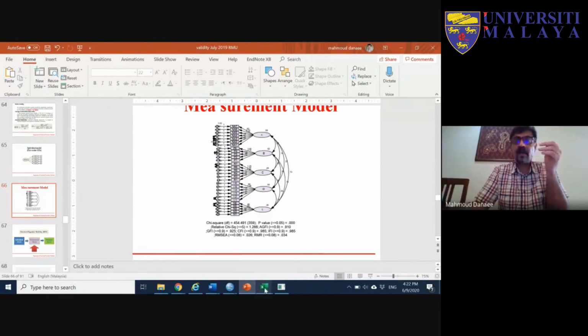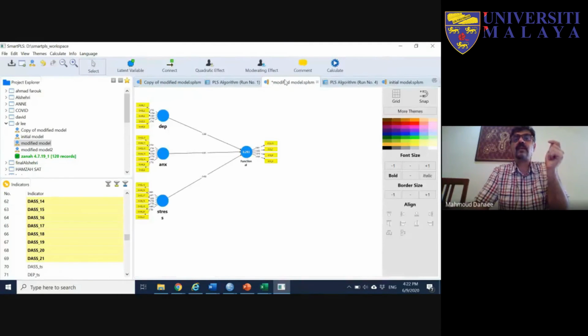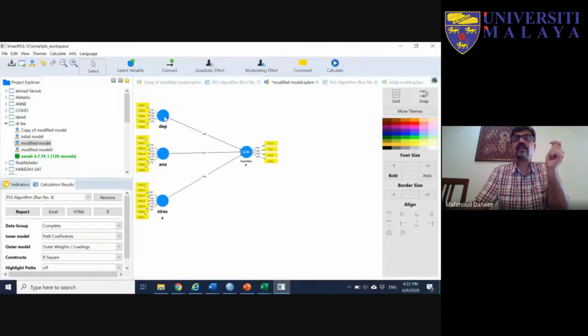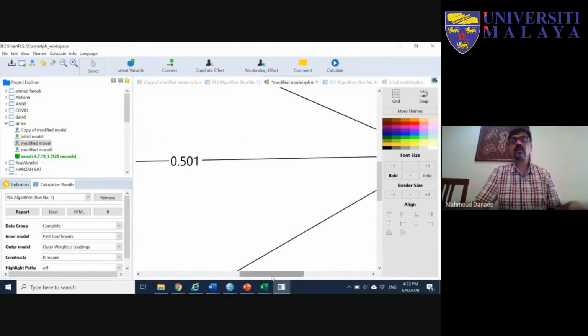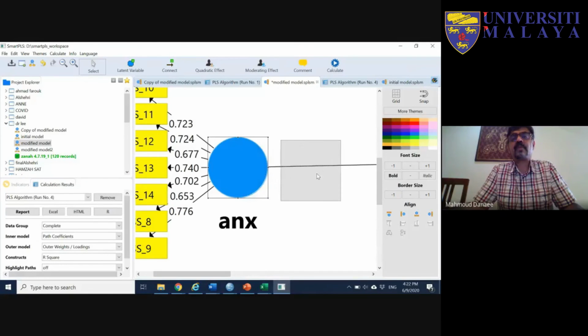But remember, I explained in PLS about the reflective model. Only in PLS will you be able to measure the formative construct. Look at here, all these items are reflective, correct?